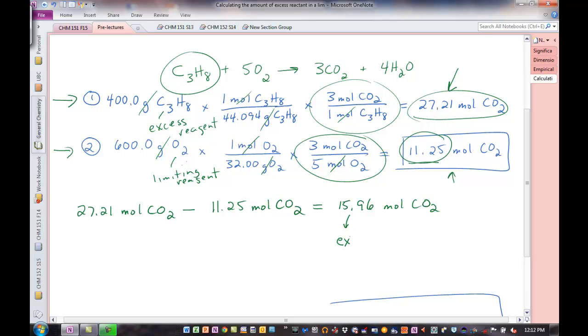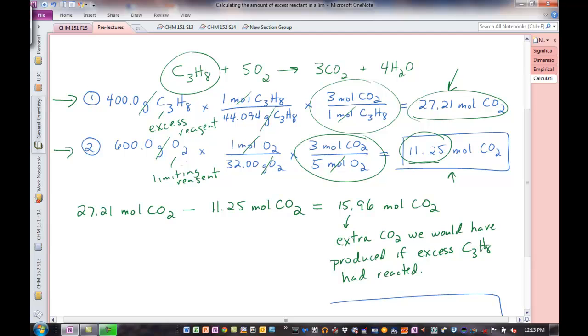But we can think of this as the extra CO2 that would have been produced if the excess propane, C3H8, had reacted.